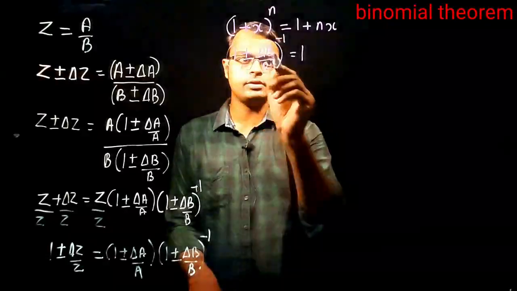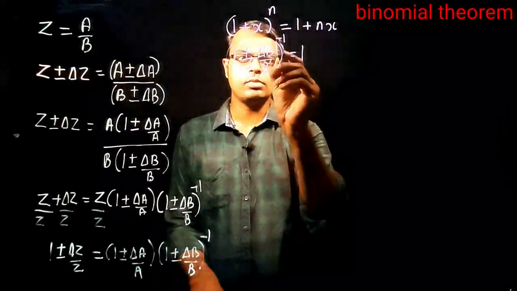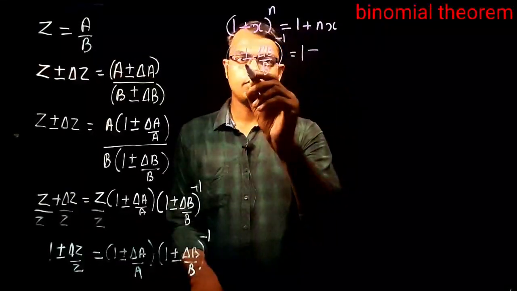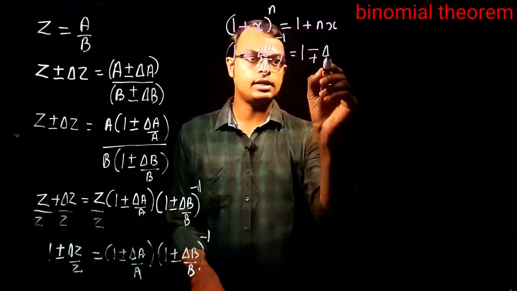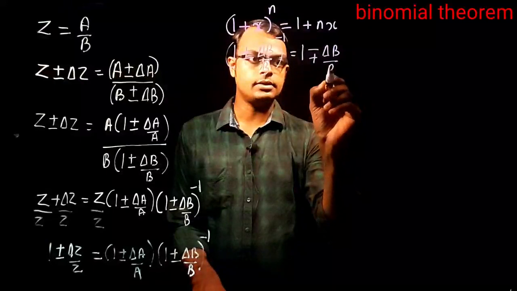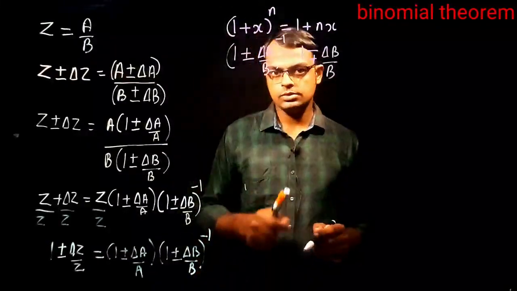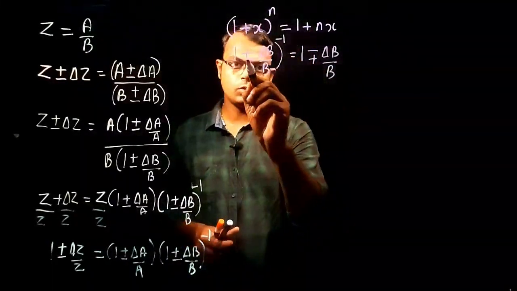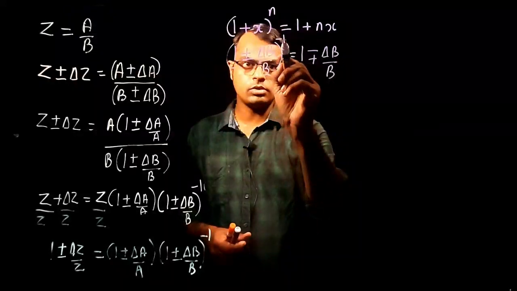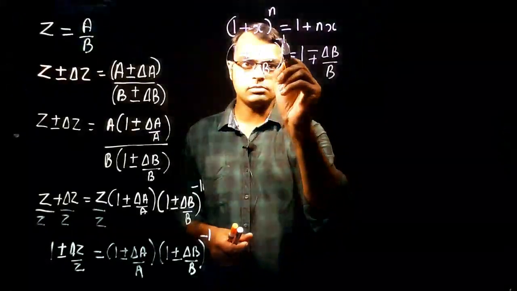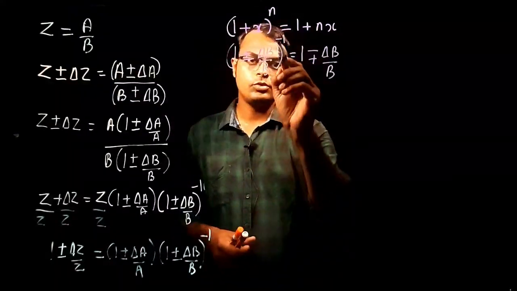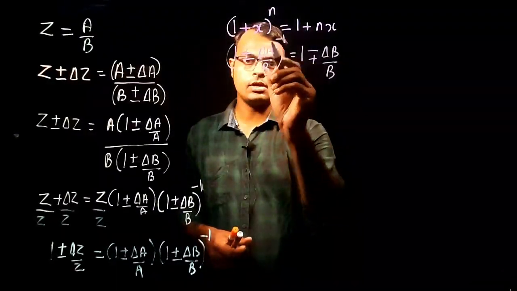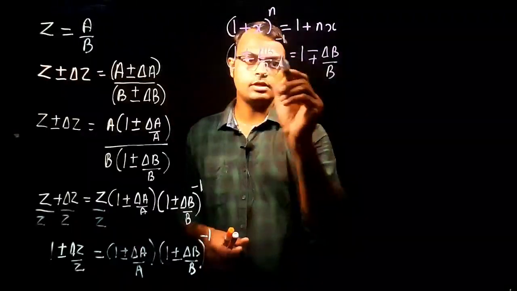If you multiply, plus into minus is minus, and minus into minus becomes plus: 1 ∓ Δb/b. Once again, (1 ± Δb/b)^−1 means 1 ± (−1)·Δb/b. Multiplying, plus becomes minus, and minus minus becomes plus.